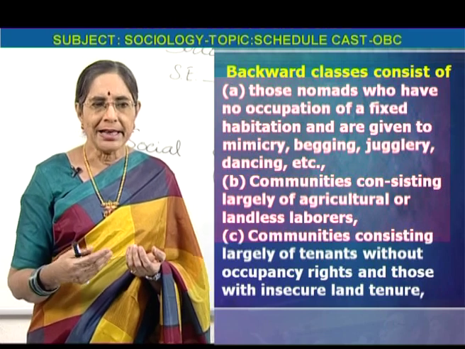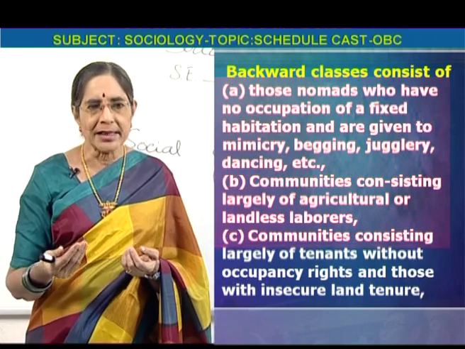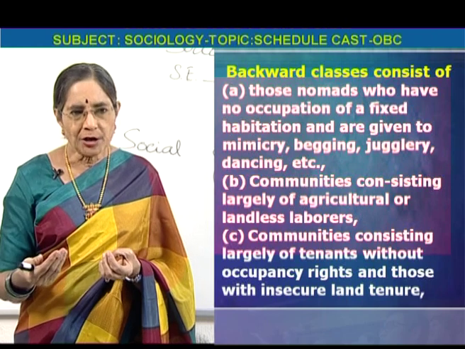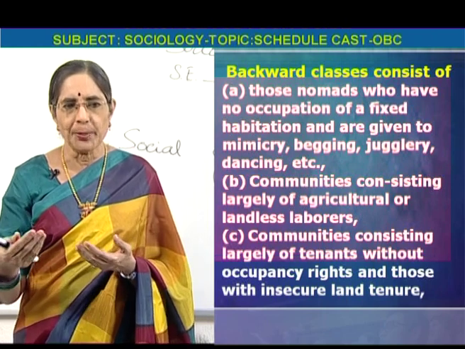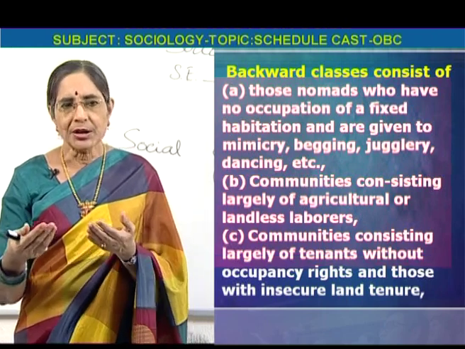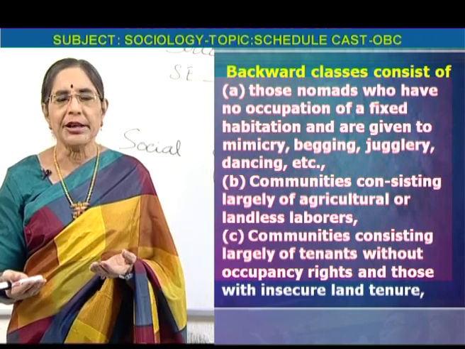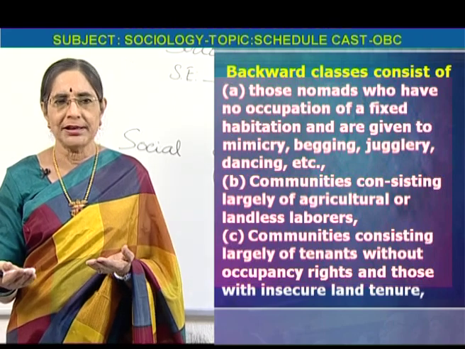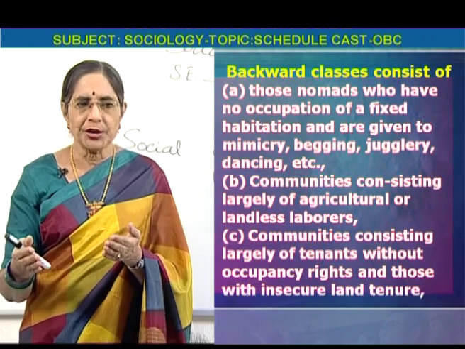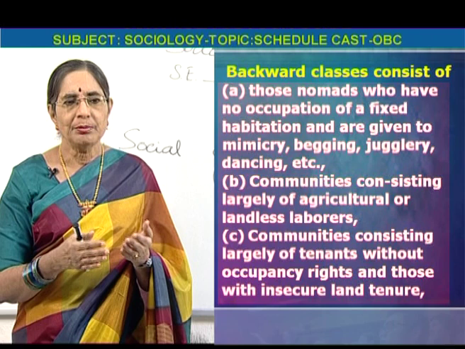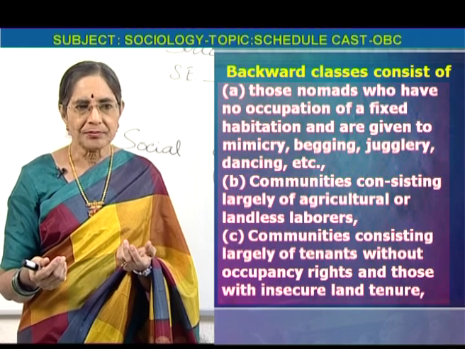In our society, we have communities consisting largely of tenants without any occupancy rights, and because of this situation, their economic position is very insecure and even their tenure is insecure. Even these groups come under the category of backward classes.